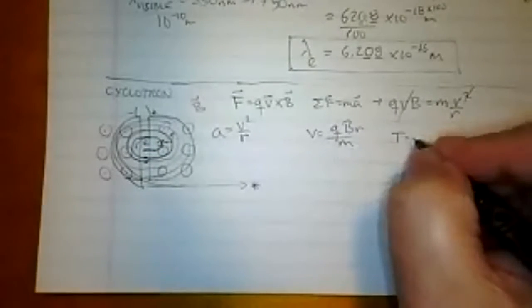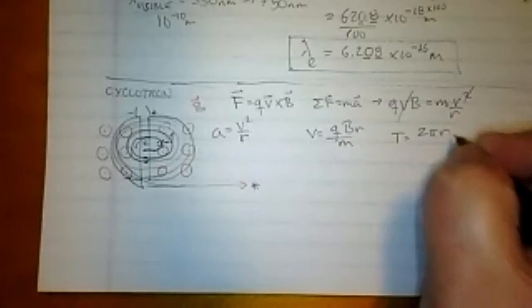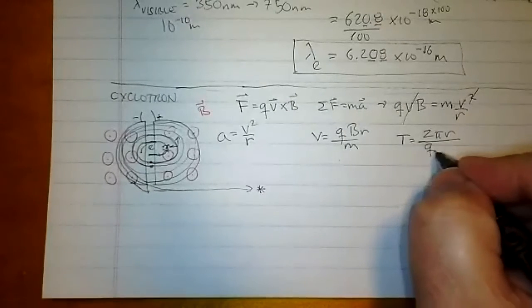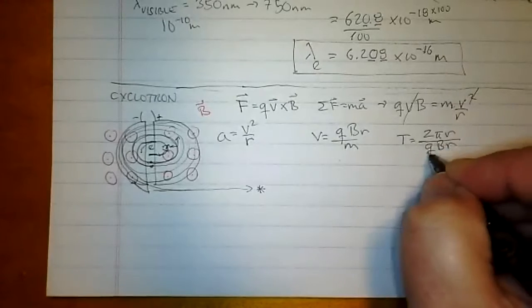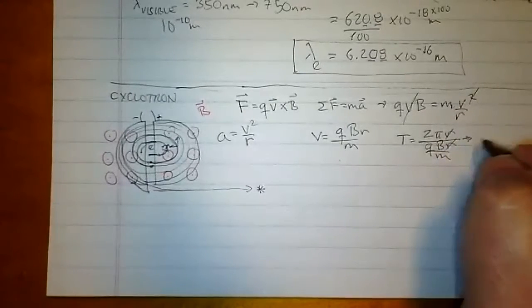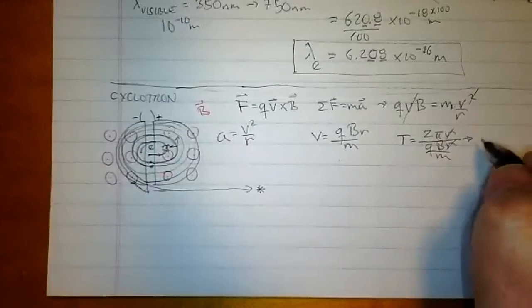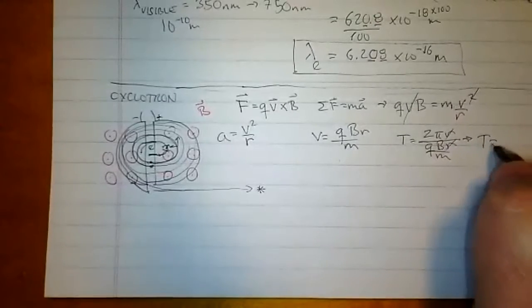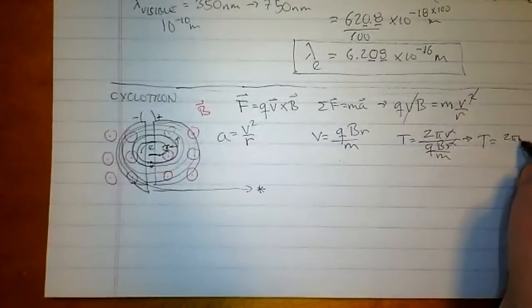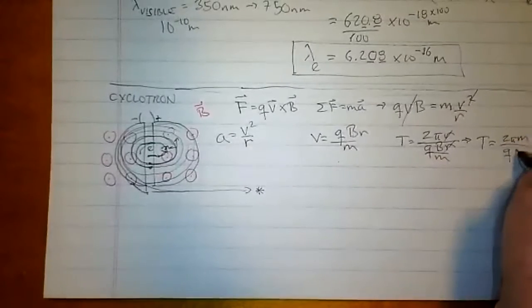So the period would basically be 2 pi times the radius, because that's the distance traveled, divided by the velocity, which would be q times b times r over m. You see the r's cancel out, and that's what Lawrence saw when he made this device. And with that, you get T is equal to 2 pi m over qb.